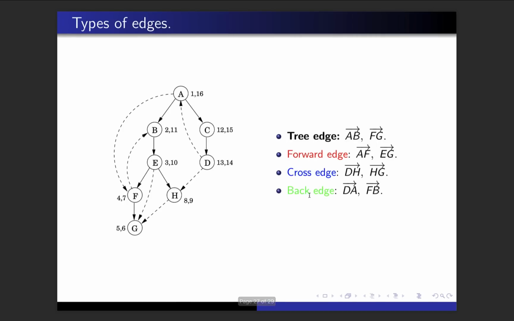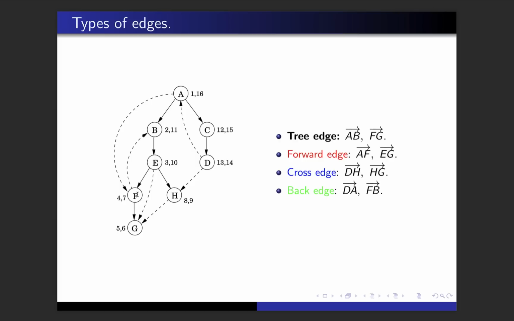Finally, we also have a back edge. And a back edge is kind of the opposite of a forward edge. You are now climbing up on the tree from a descendant to a previous vertex or an ancestor, to be more precise. And an example of this is, for example, the edge VA, which takes you from the descendant of A back to its ancestor.